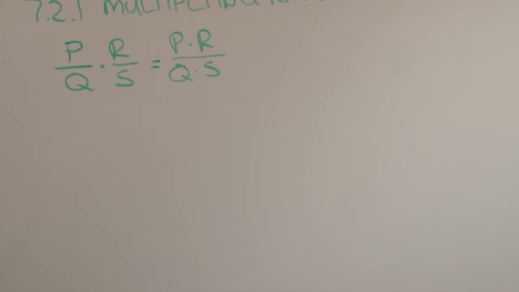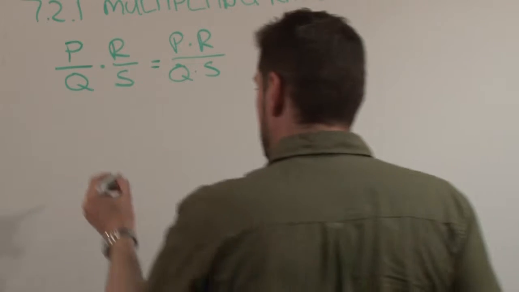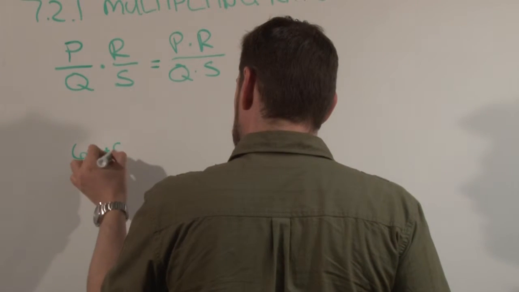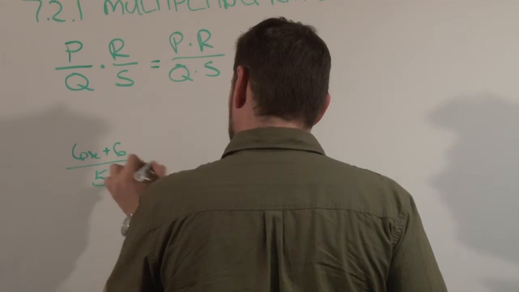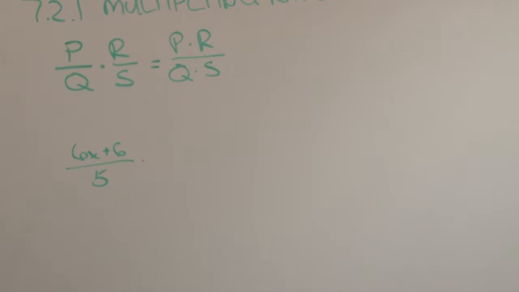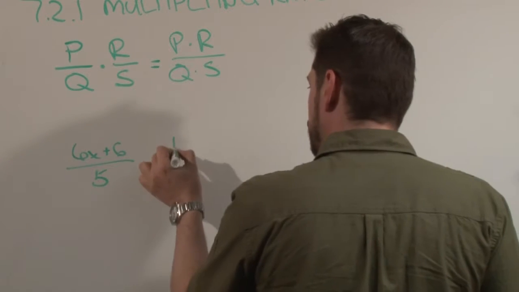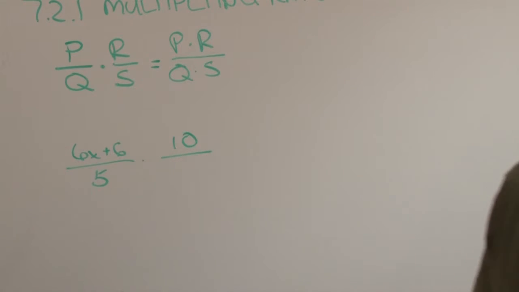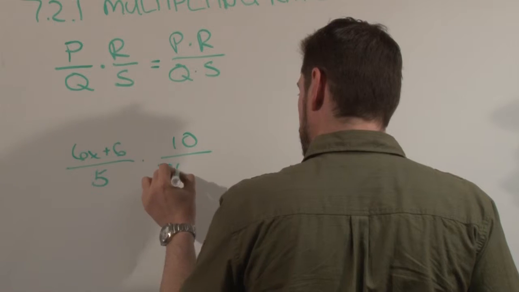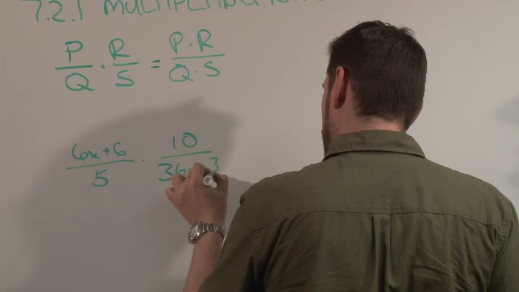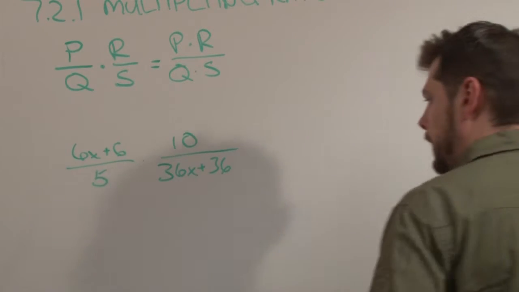So our first example: the quantity 6x plus 6 over 5 times the quantity 10 over 36x plus 36. Okay.